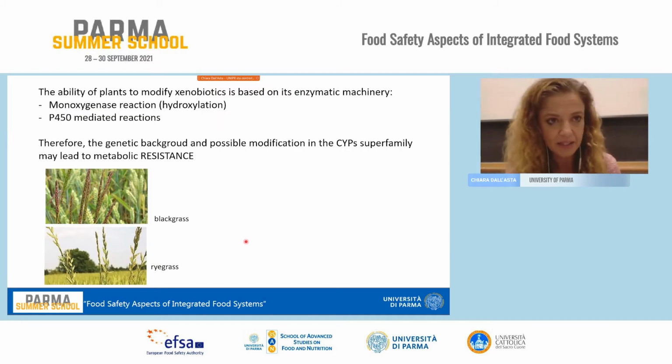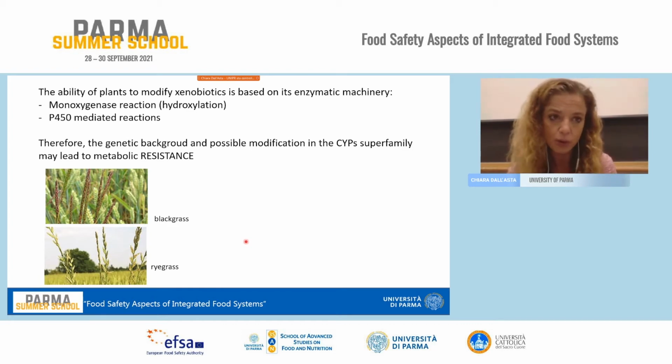So plant scientists have known the metabolism of plants for decades, dozens of years. And the ability of plants to modify xenobiotics was studied a lot in terms of enzymatic machinery, in particular for resistance towards pesticides.